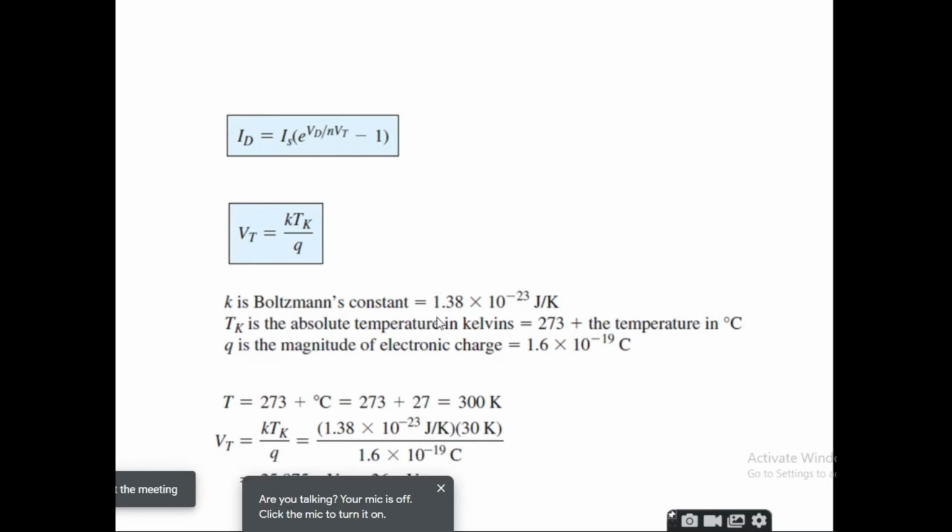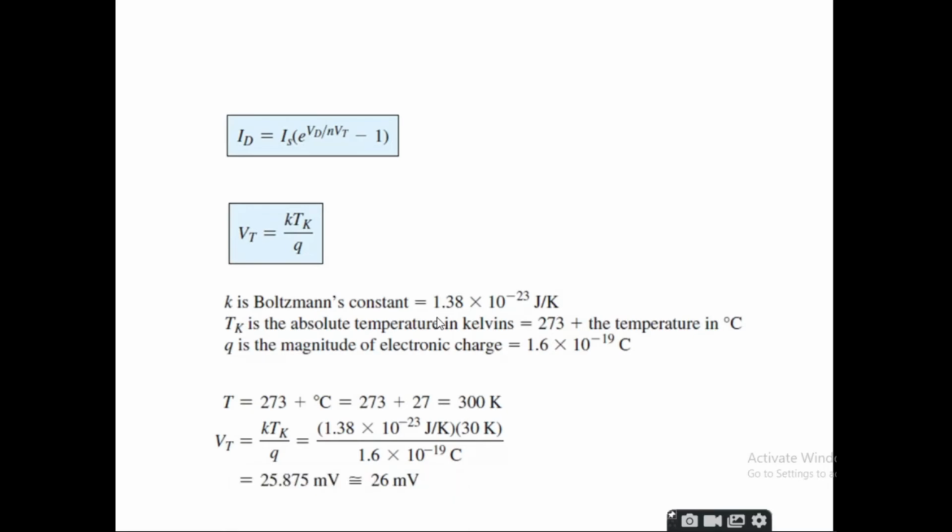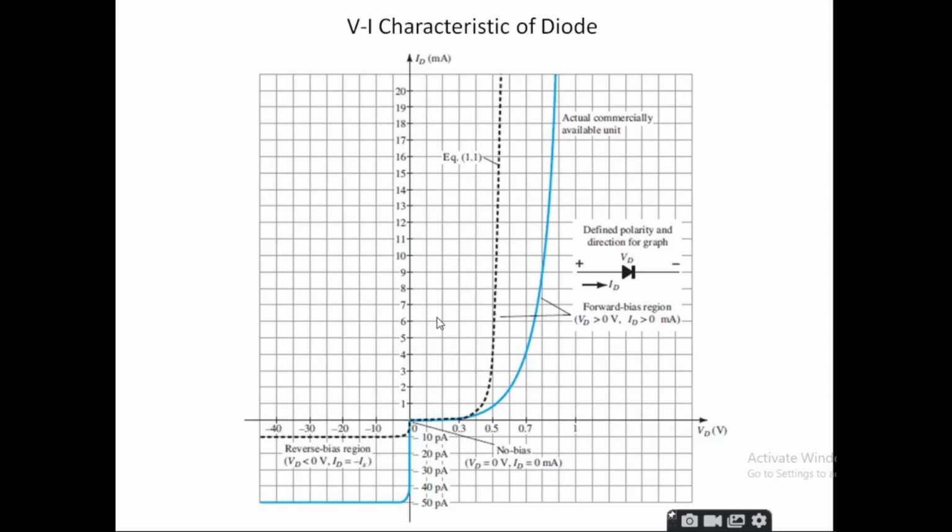The equation we normally use for Vt is capital T upon 11600. We remember this equation because we don't always put in the Boltzmann's constant and the charge Q to find the value of Vt. Now, this is exactly the VI characteristic of a diode, meaning the voltage versus current characteristic.